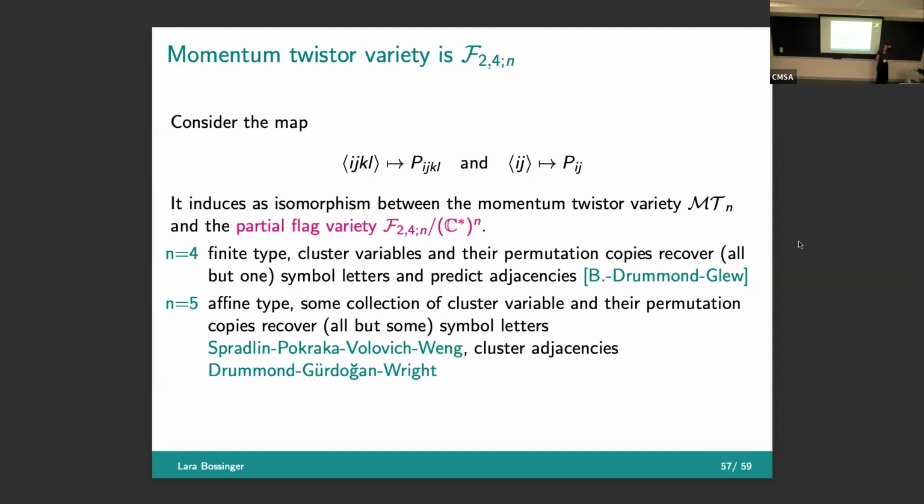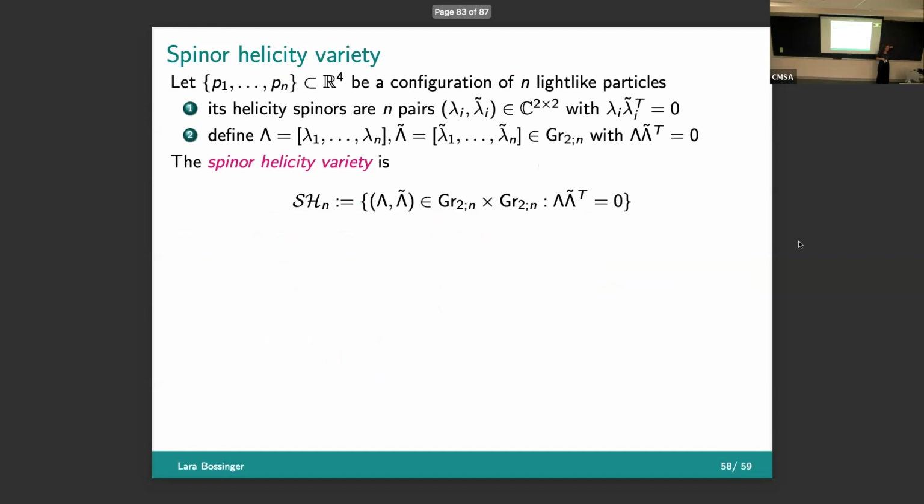So this is the case of the momentum twistor variety, but in fact, we can also see partial flag varieties in the spinor helicity parametrization. This is also something we've seen already yesterday, I think, in Mark's talk and in Nima's talk. We can pass from a configuration of n light-like particles to their spinor helicities.